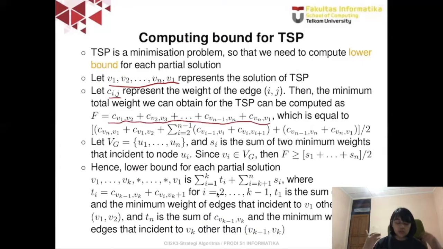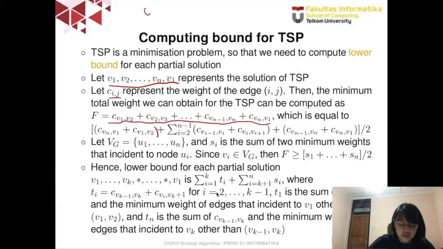It is the weight from V1 to V2 plus the weight of the edge from V2 to V3 and so on until the weight of the edge from Vn to V1.